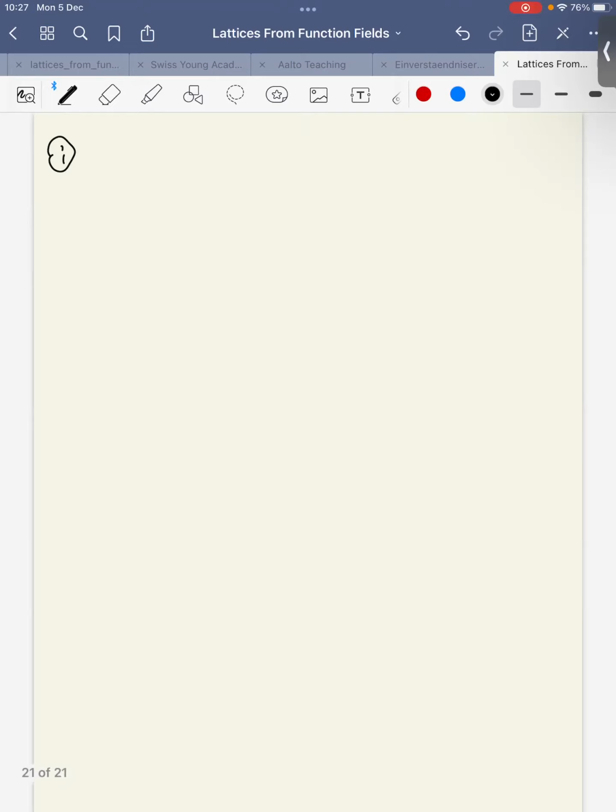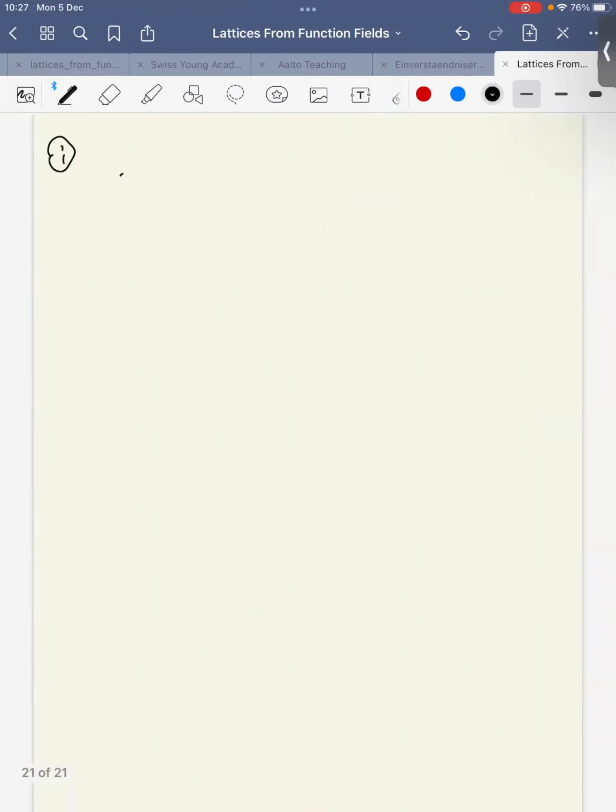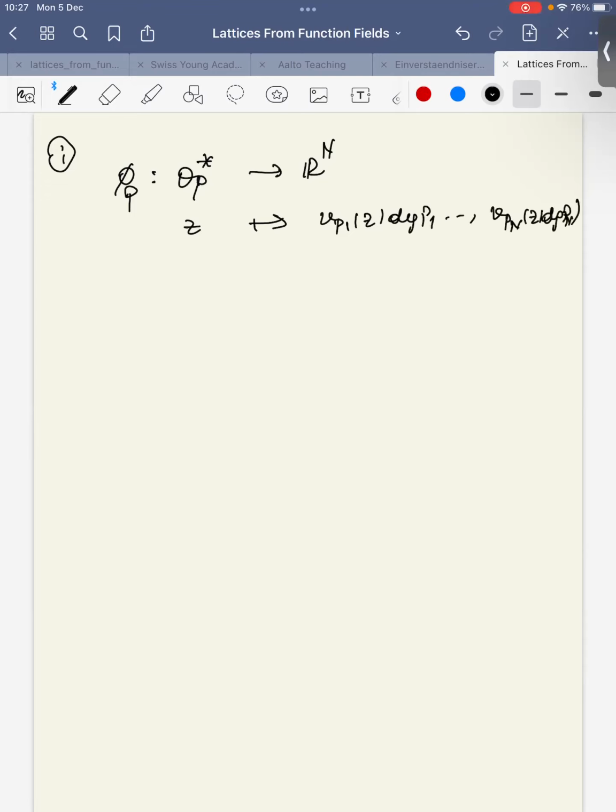For the first one, what we want to see is that the vectors in the function field lattice have this property. Recall the construction, which is given by mapping z to (v_{p1}(z) deg p1, ..., v_{pn}(z) deg pn).